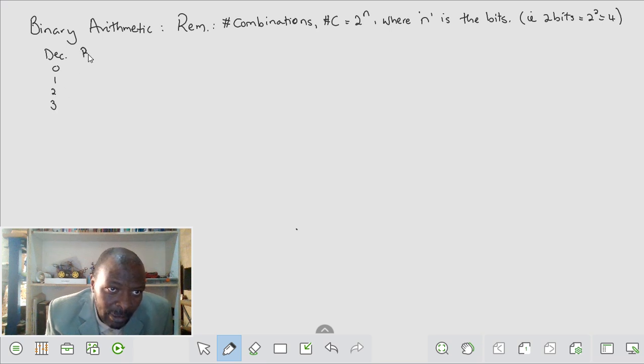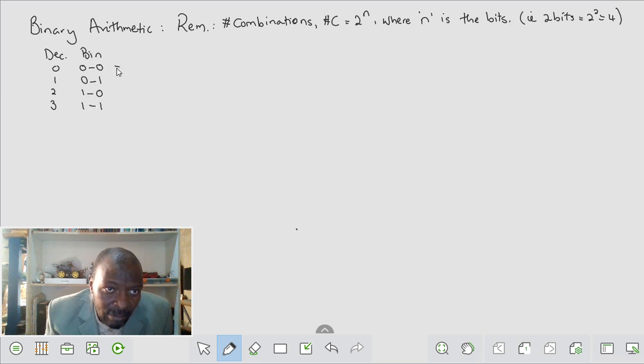Now the binary is 0 0, 0 1 for 1, 1 0 for 2, and 1 1 for 3. So we are subtracting only 2 bits.